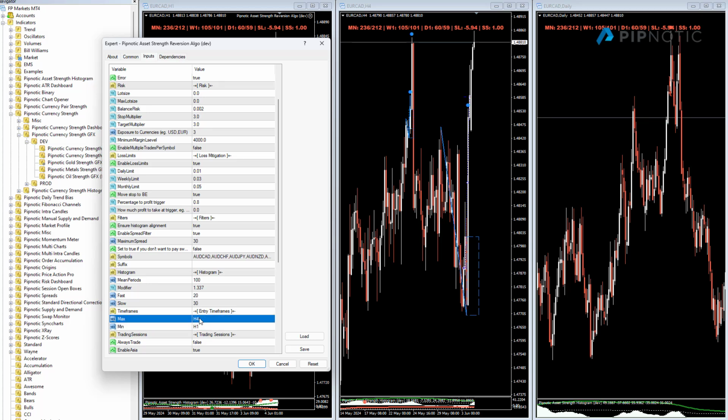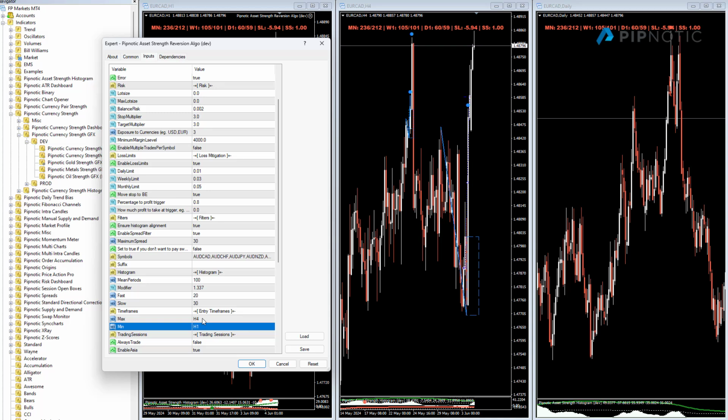We need the 4 hour for the entry time frame. But we also need the 4 hour for the confirmation of the 1 hour. And we need the daily for the confirmation of the 4 hour. Because when we're looking at multiple histograms on multiple time frames, we need these to be aligned. And so you need the data, complete data, for 1 hour, 4 hour, and daily.